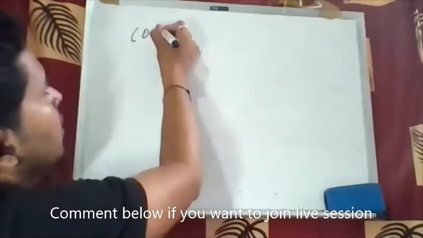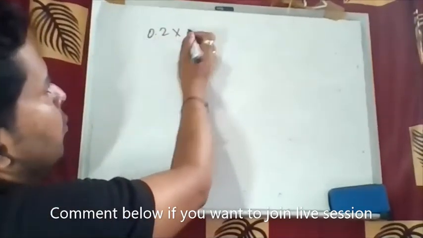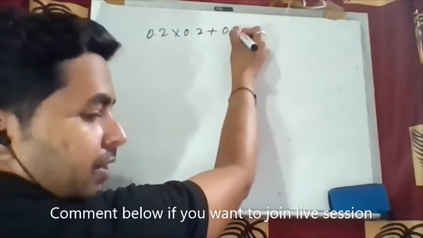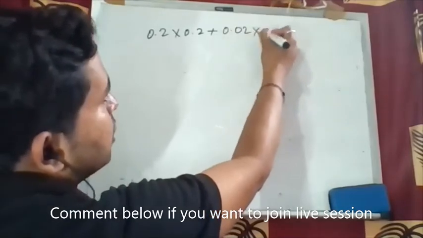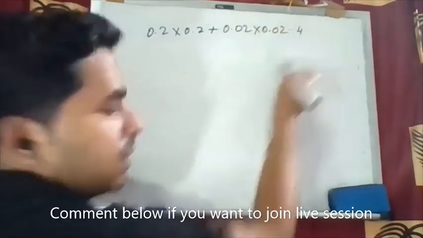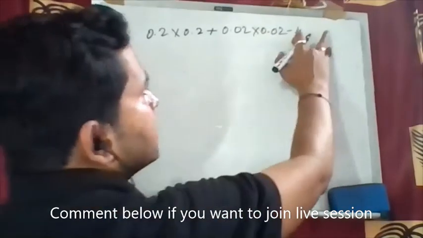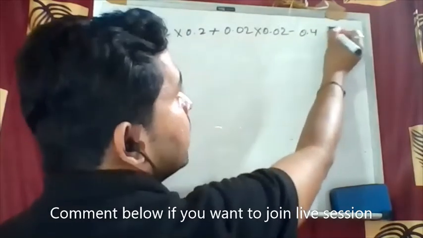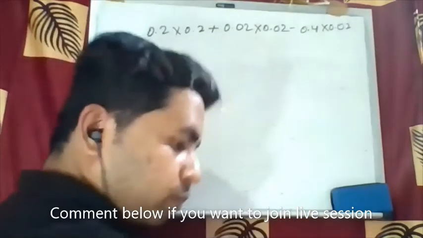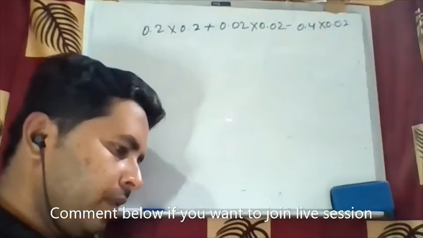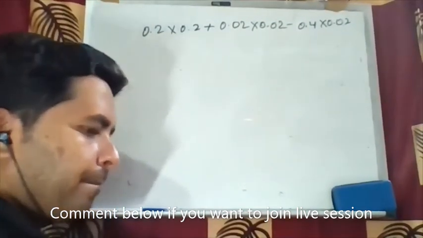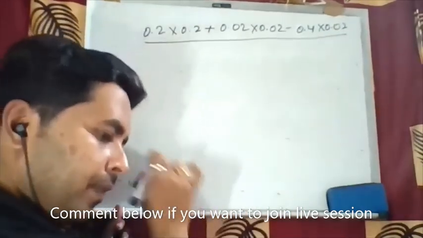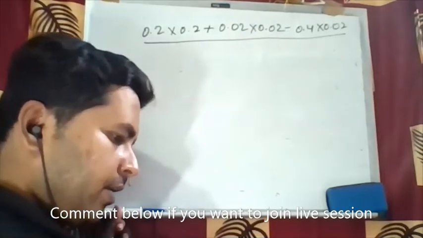0.2 into 0.2 plus 0.02 into 0.02 minus 4 in minus 0.4 into 0.02, okay, now divided by 0.36.